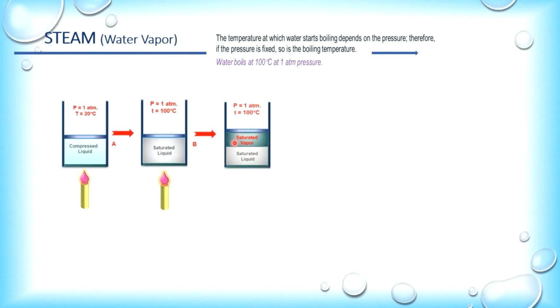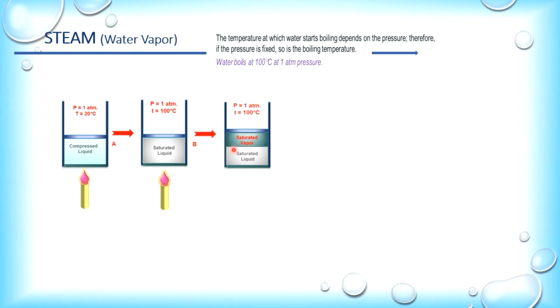That means we have a mixture of steam with liquid. But you have to take note, the temperature here remains constant while the phase of the substance changes stage by stage into vapor.